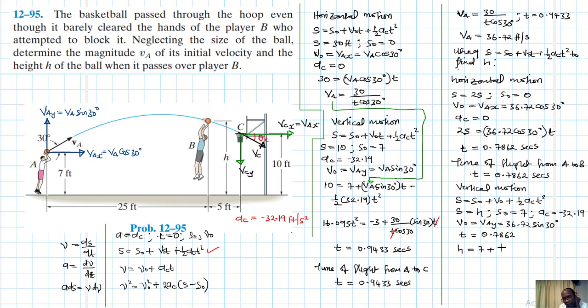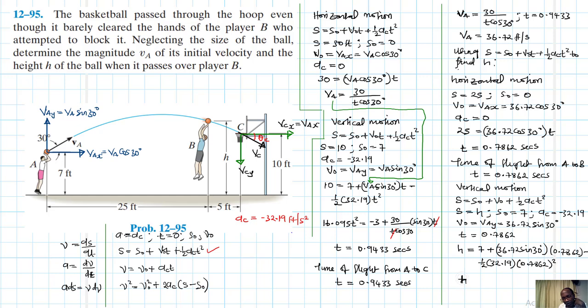Therefore, from this equation, H is going to be equal to S naught, which is 7, plus V naught, which is 36.72 sine 30, multiplied by the time, 0.7862, minus half of 32.19 by the time squared, 0.7862 squared.